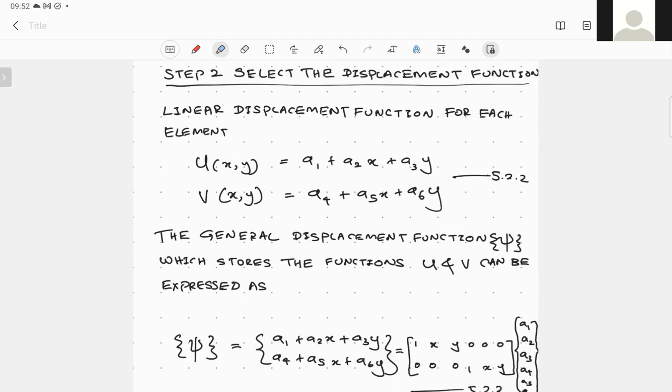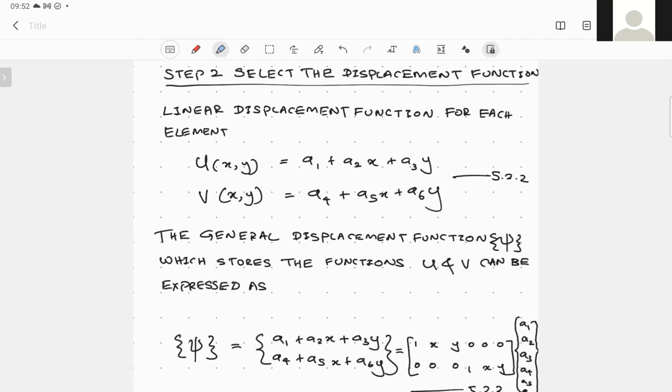So if it is a linear function, this is quite useful when we want to analyze the element which is next to, which is connected to the current element that we are talking about. So a linear function is the most elegant way of achieving compatibility conditions, and when we are talking about common edges, it's the easiest, most convenient function to be used.